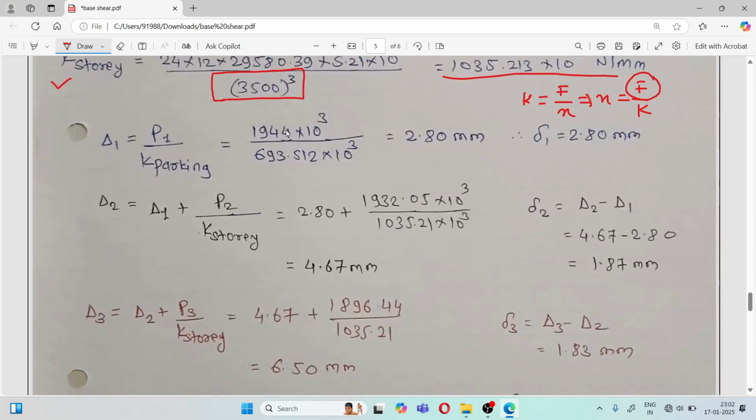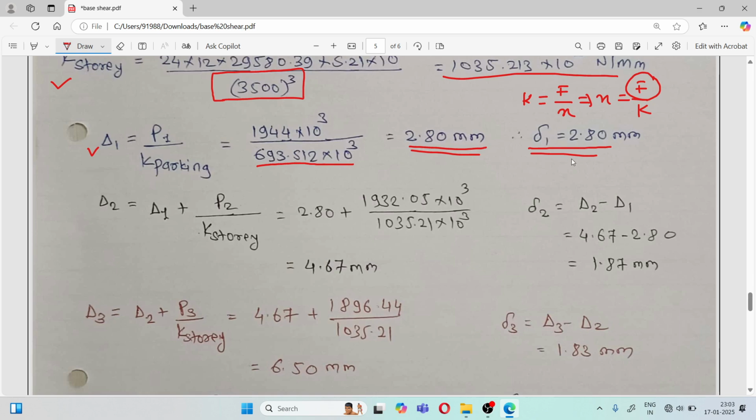So P1, the force, is 1944 into 10 raised to 3 Newton divided by the stiffness of the first story, that is the parking story. So you will get the displacement, that is 2.80. We call it delta 1, and here we will see the drift. So this is your drift.